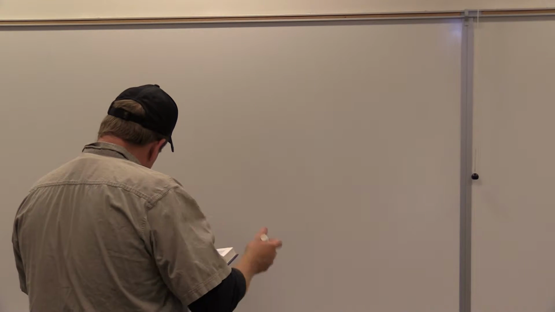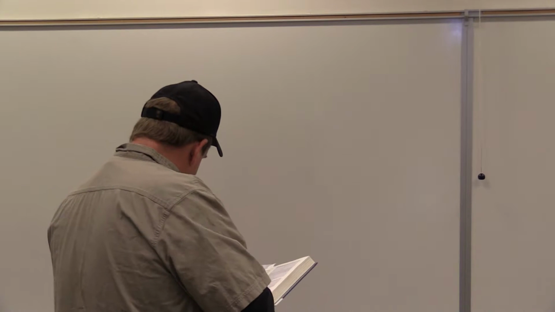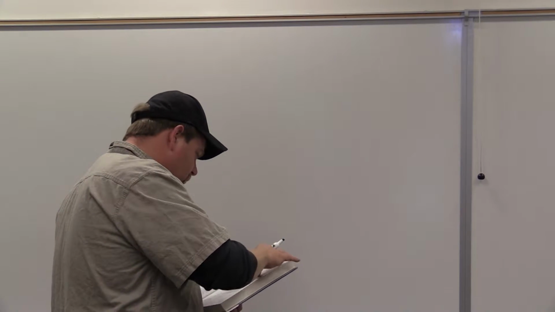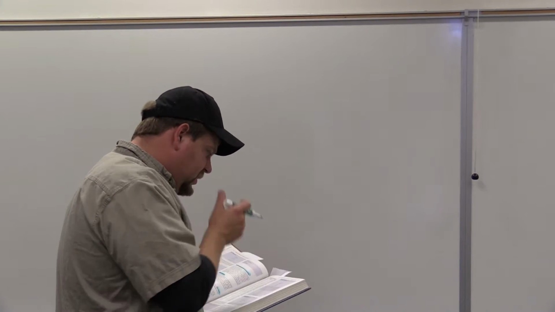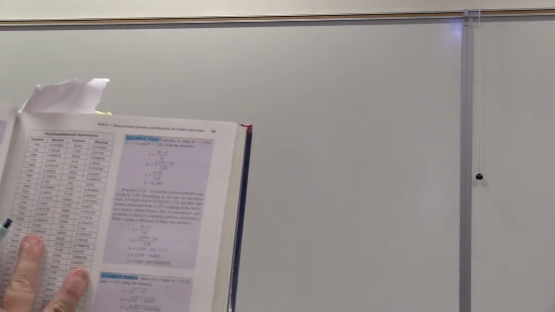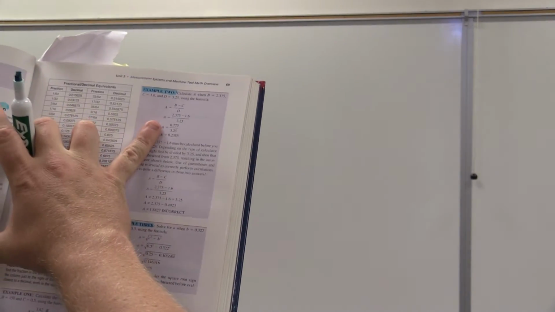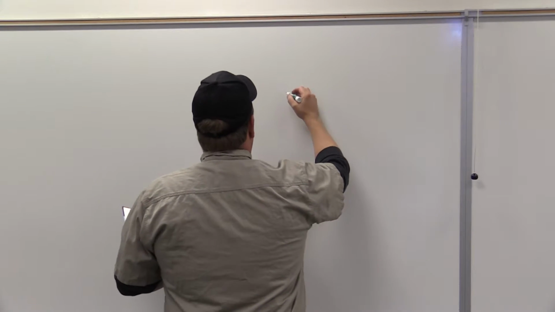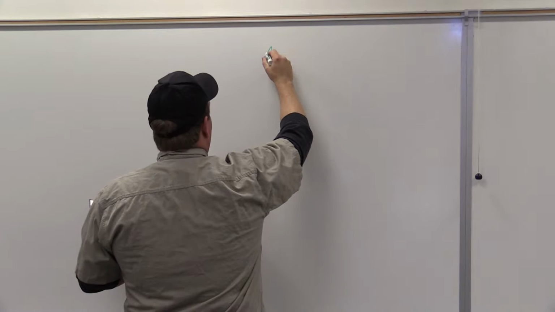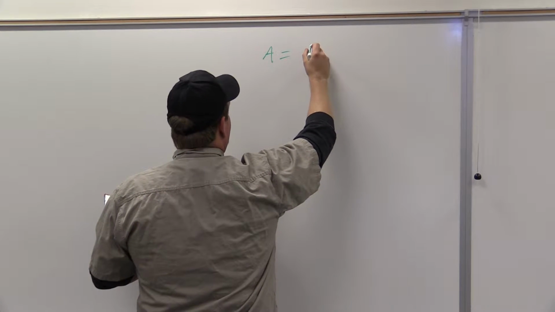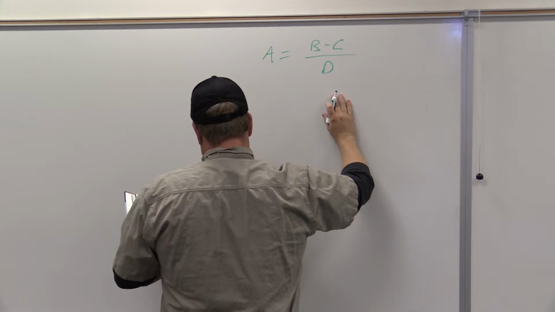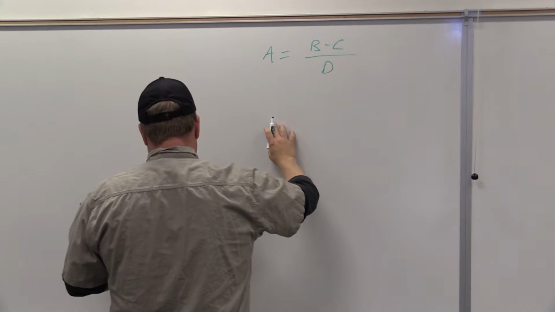So let's break down on page 69 under example 2. Okay? We're going to talk 69, example 2. So what we're referring to, it says our equation is A is equal to B minus C divided by D. Okay?